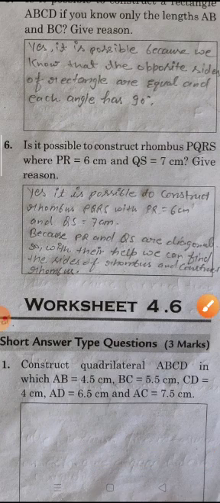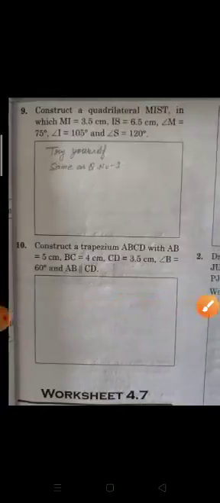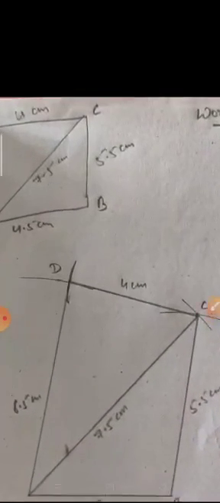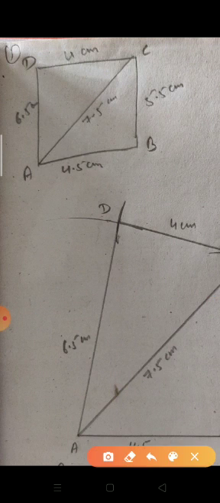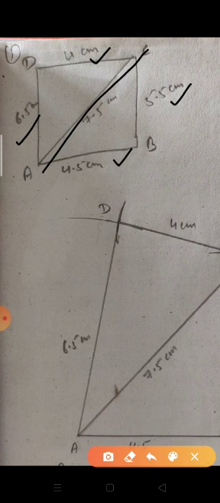First we draw the rough diagram, a rough sketch to construct. We don't know the shape of this construction, so we can draw any rough diagram. AB is given 4.5, BC is 5.5 cm, CD is 4 cm, AD or DA is equal to 6.5, and AC is equal to 7.5 cm.